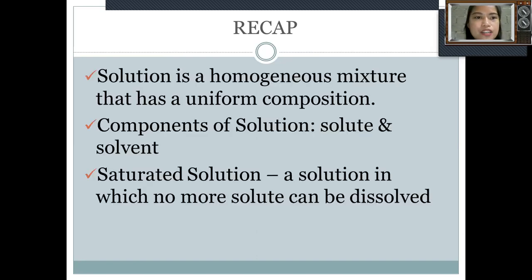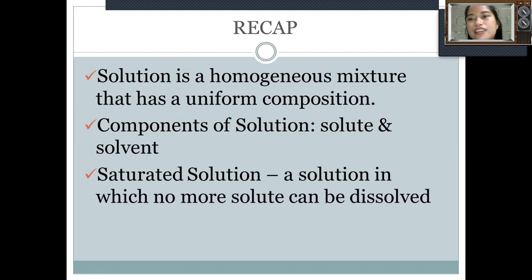A solution is a homogeneous mixture that has a uniform composition throughout. There are two components of a solution, the solute and the solvent. A saturated solution is a solution in which no more solute can be dissolved.